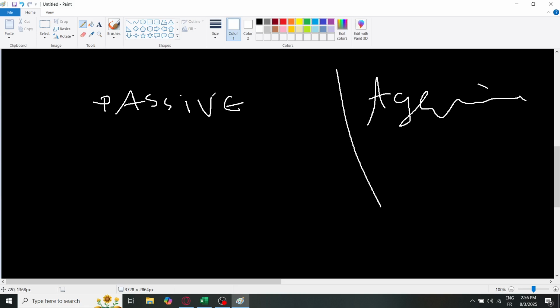What can the passive players do? Very basic. They put limits. Let's say the price is here. They put limits at this level. This is called a sell limit, and this is a passive order because they didn't enter the market.